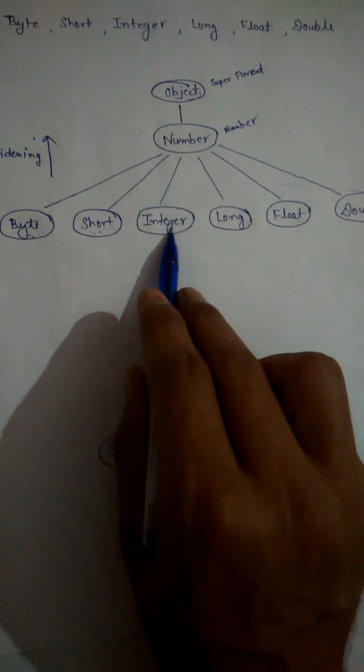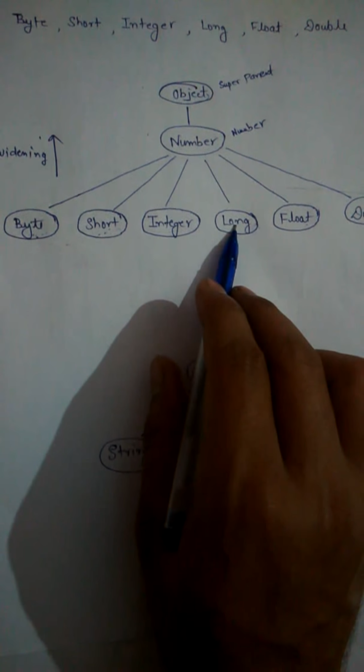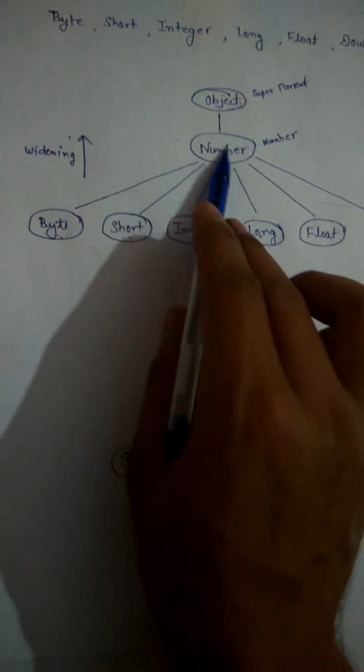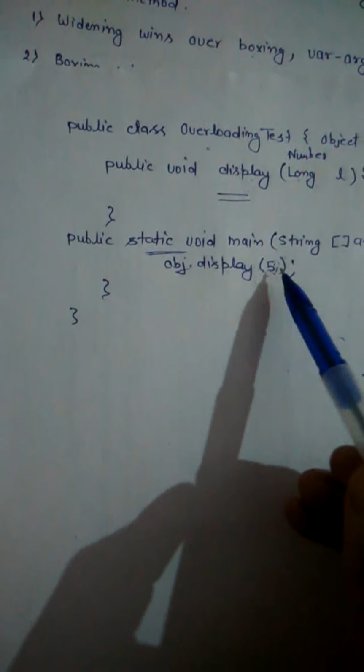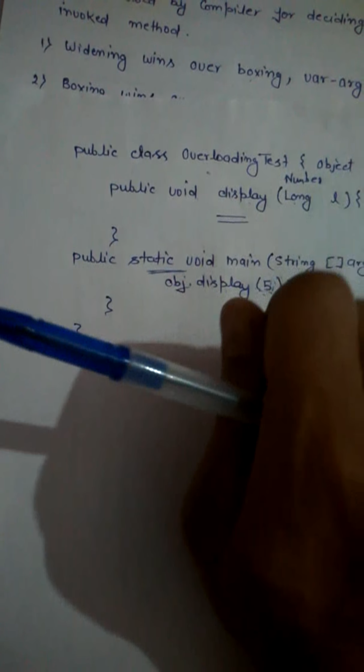These are all in the same hierarchy, and Integer cannot be converted into Long. These can only be converted into Number or Object. So if in this example, instead of Long, there is a parameter of Number or Object type, then this integer will be accepted by Number or Object.